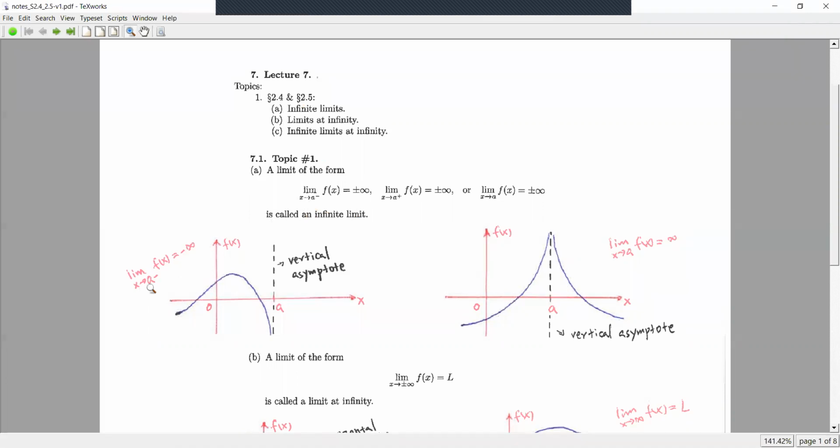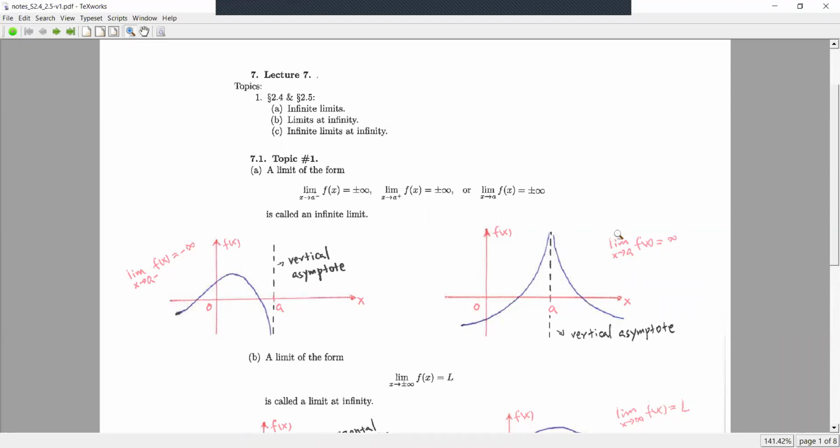As x approaches A, a finite point, from the left side, the function approaches negative infinity. The graph of this function looks like this curve. Near the point A from the left side, the graph goes down to negative infinity. This vertical line is a vertical asymptote of the graph.